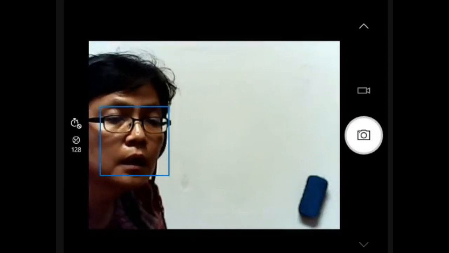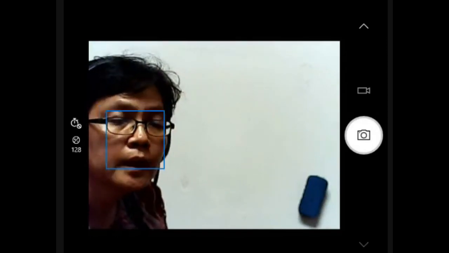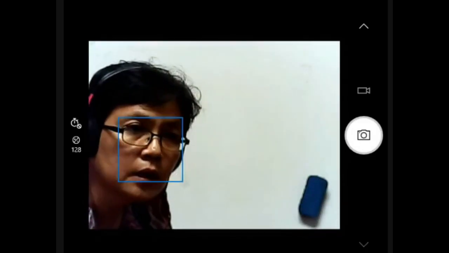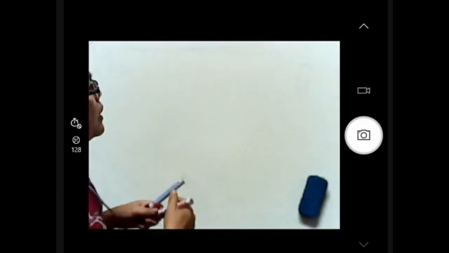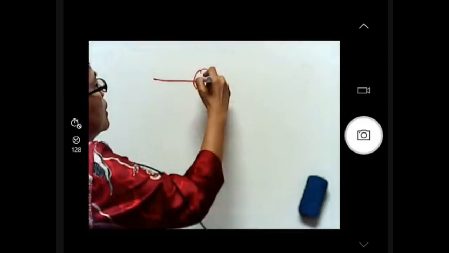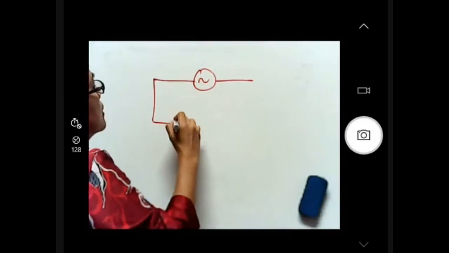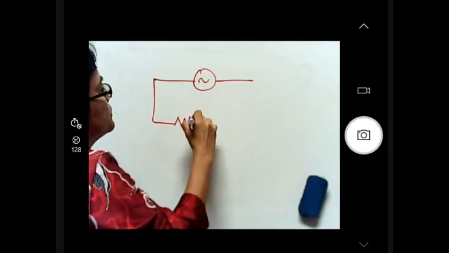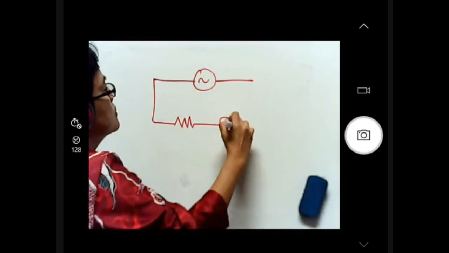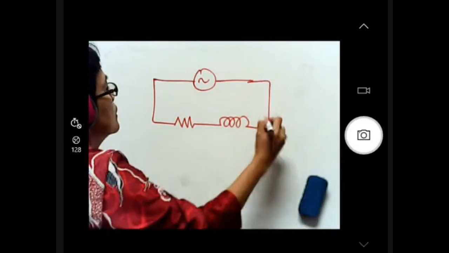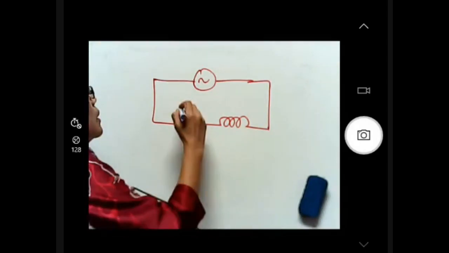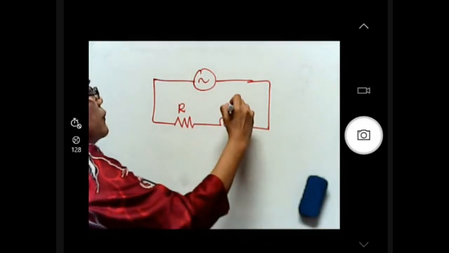So from there, you will form a phasor diagram for an RCL circuit or RL circuit. For example, let me take an RL circuit. Here we have a resistor, then an inductor.